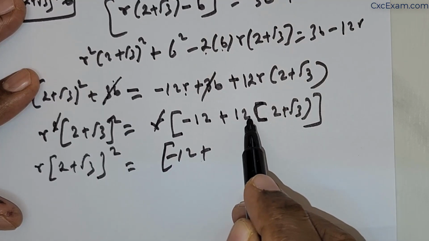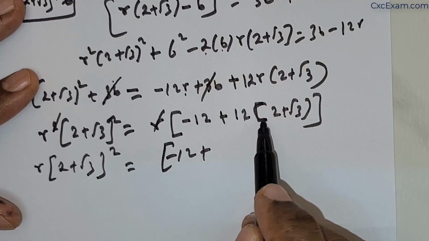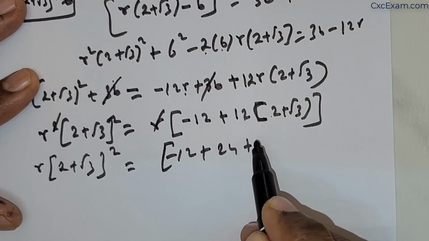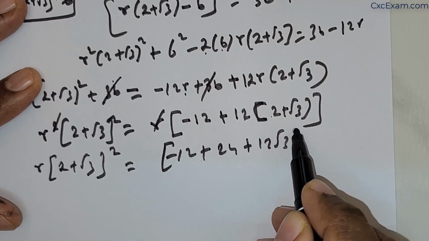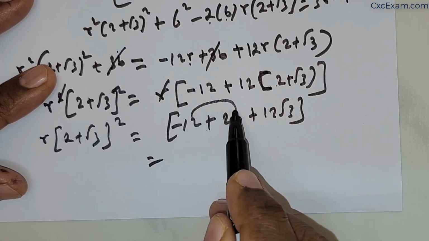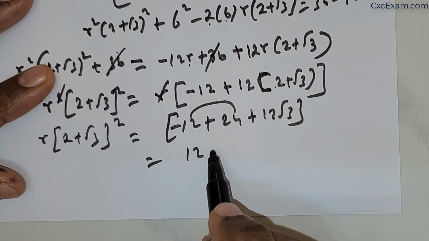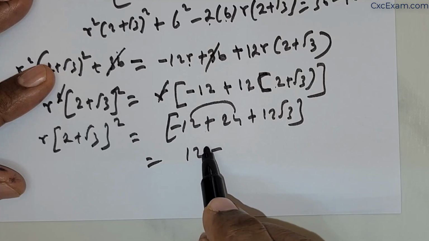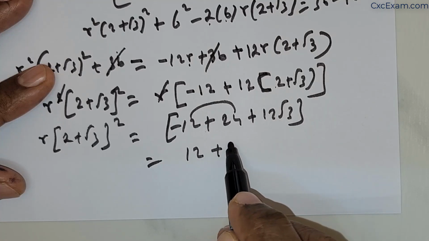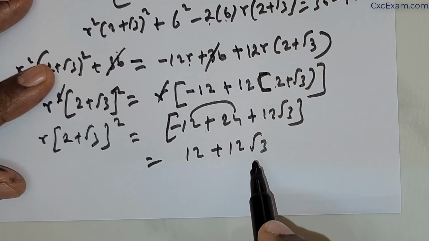Negative 12 positive 12 times 2 is 24 positive 12 times the root of 3. So negative 12 added to 24 will give you 12. I can take the 12 out. Okay, let me have this step. 12 positive 12 times root 3.